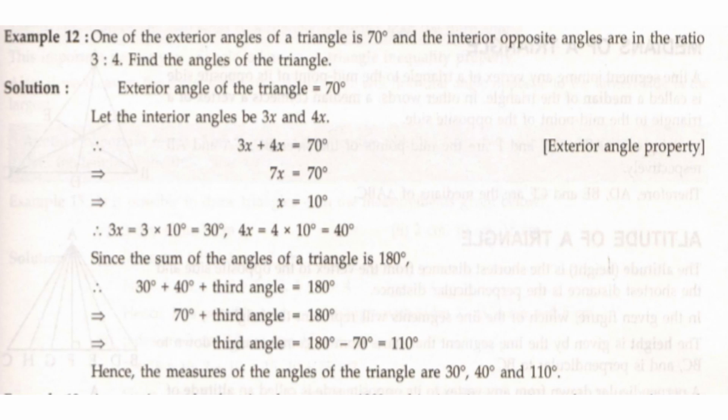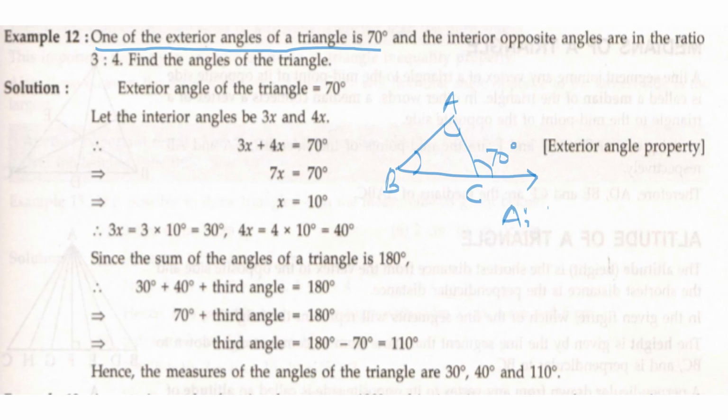Now let us see one example. One of the exterior angles of a triangle is 70 degrees. Let us say this is a triangle and this exterior angle is 70 degrees and the interior opposite angles are in the ratio of 3:4. Let us say this is a triangle ABC. So then A and B are in the ratio A is to B is 3:4.